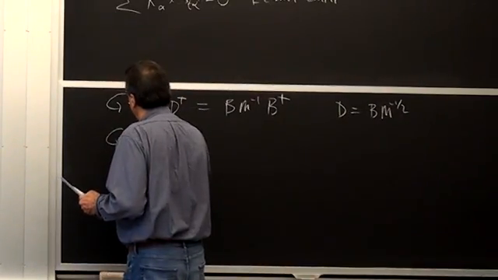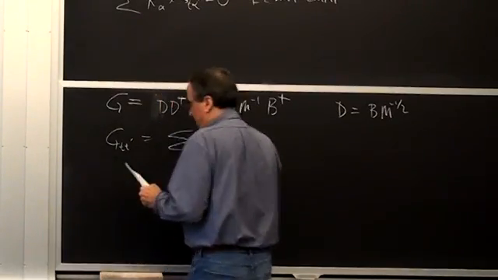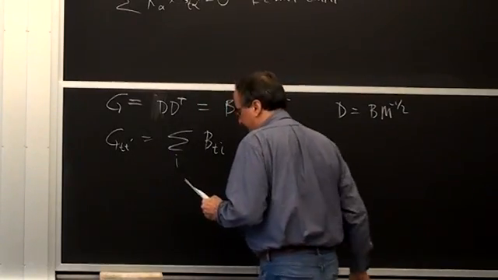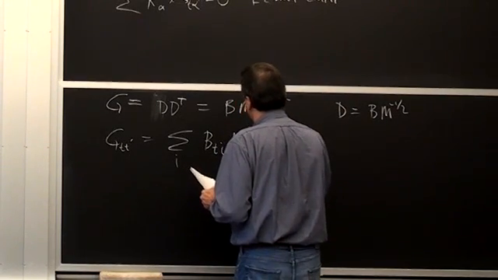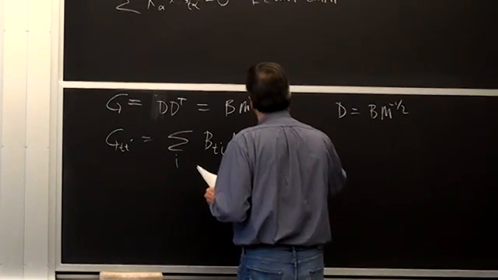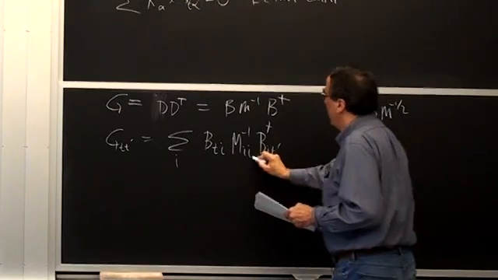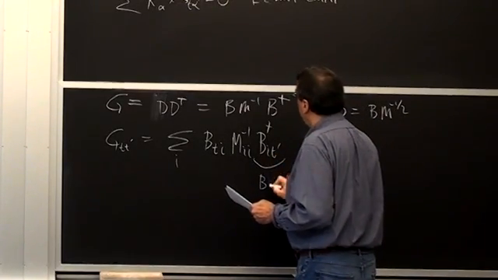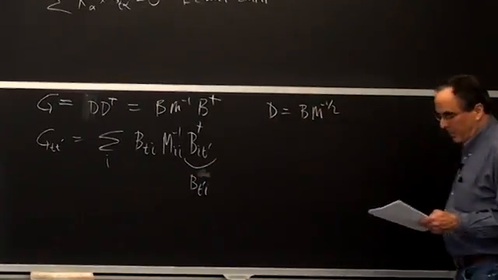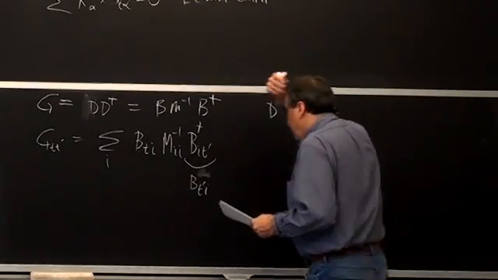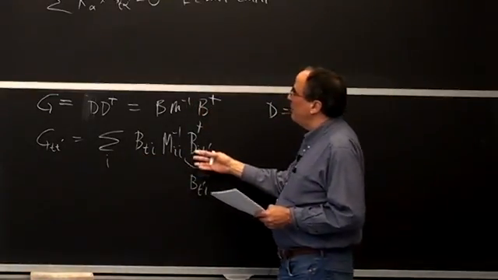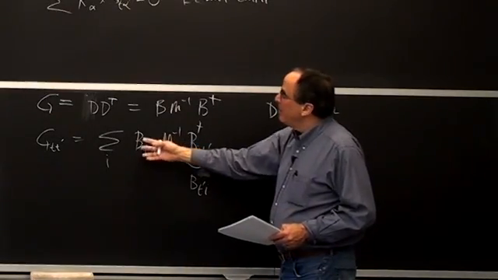So this means G t t prime is going to be a sum over i of B t i M minus 1 i B dagger i t prime, and that's the same thing as B t prime i star, but it's real. So this is what an element of the G matrix would be in terms of the masses, which we know, and the B's, which we need to know.